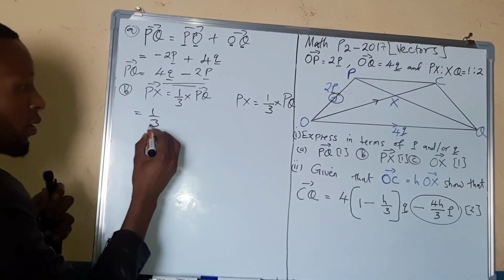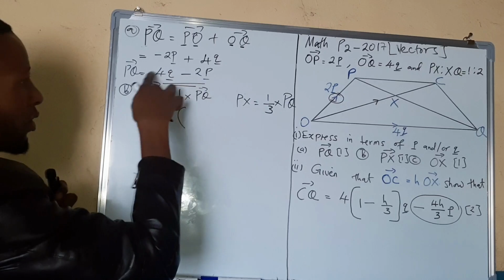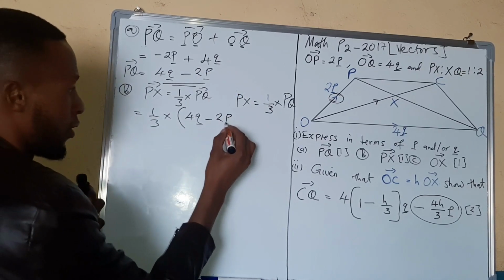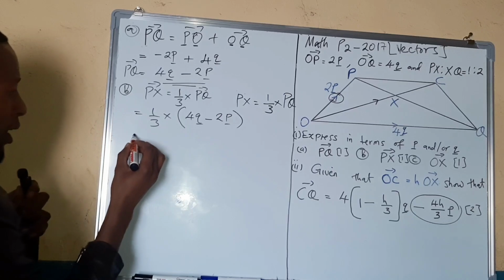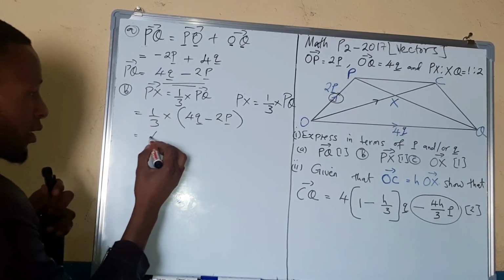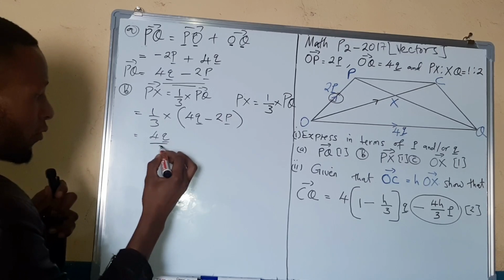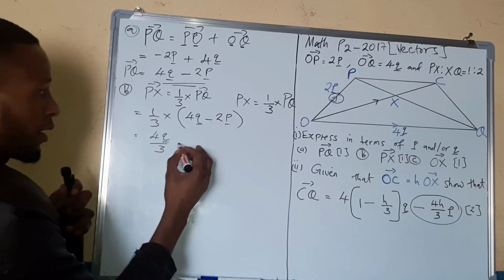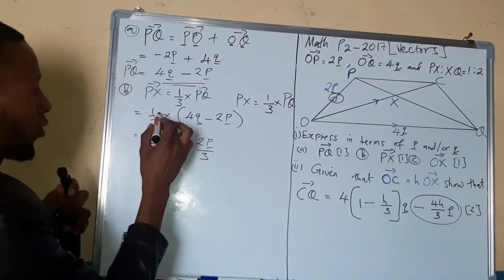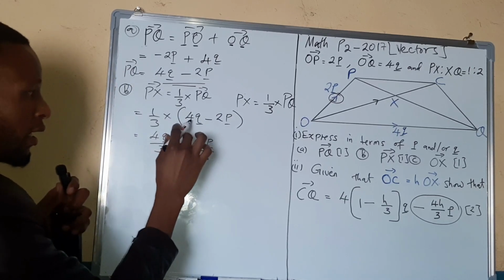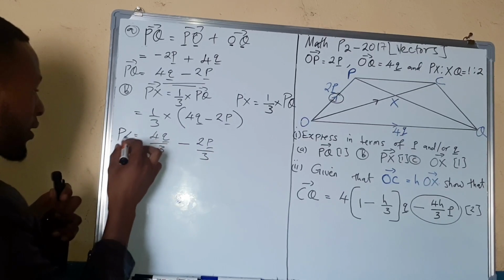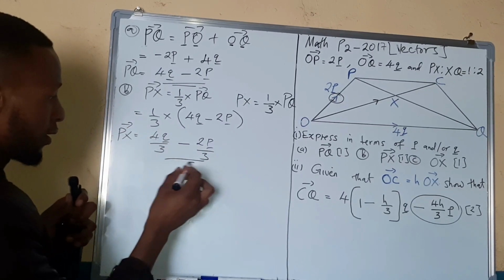PQ we found is 4Q minus 2P. Multiplying 1 over 3 to the two terms inside the brackets, we get 4Q over 3 minus 2P over 3. This is the vector PX.